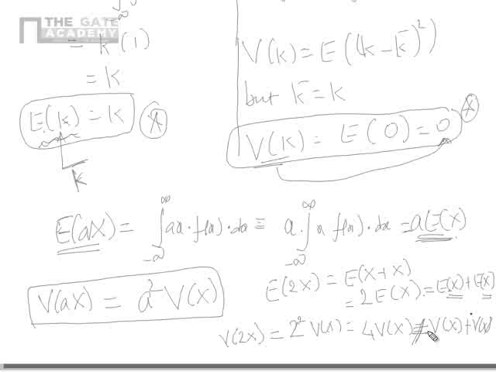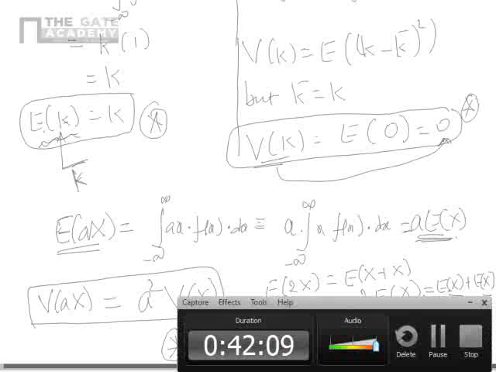This is again a very important conclusion. So variance takes a non-linear relationship, whereas expectancy takes a linear relationship. Clear? Fine. So with this we end this class. In the next class we will be seeing more problems related to expectancy and variance. Clear?